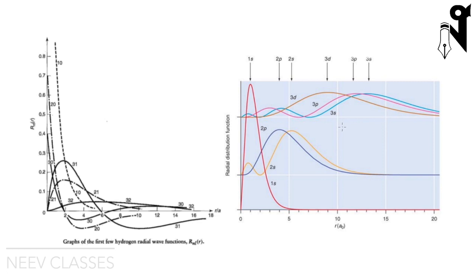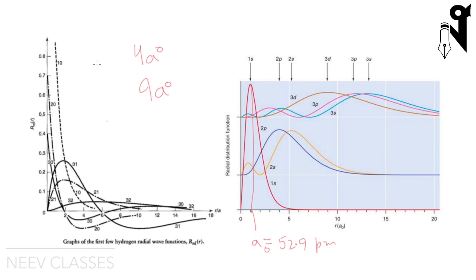This one I had taken for a, so you can pause the video and compare it. The 1s radius happens to be at a naught, where your a naught was 52.9 picometers. 1s happens to be that, but if I recall the Bohr radius, the next would be 4a naught and the next would be 9a naught.